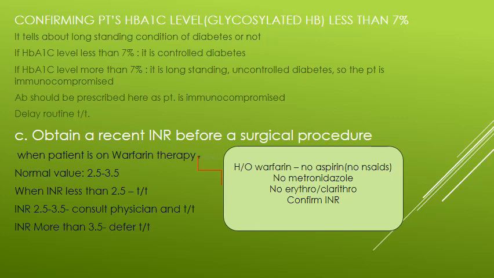So when it is from 2.5 to 3.5, you can treat the patient, but you have to consult the physician as well. So you will consult the physician and then treat the patient. If INR is more than 3.5, then you will defer the elective treatment.